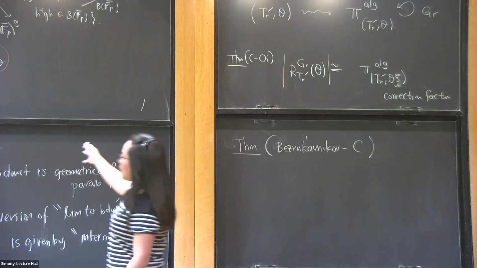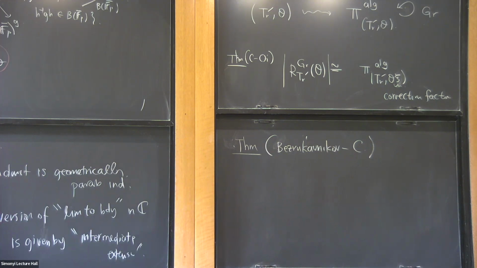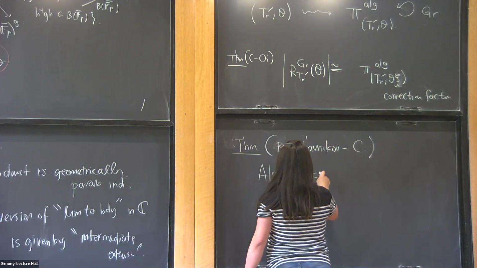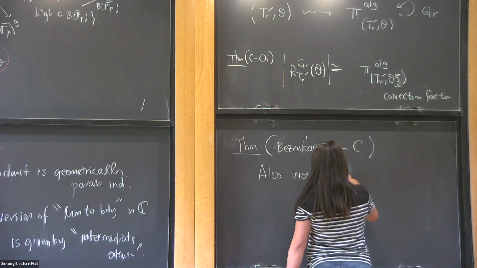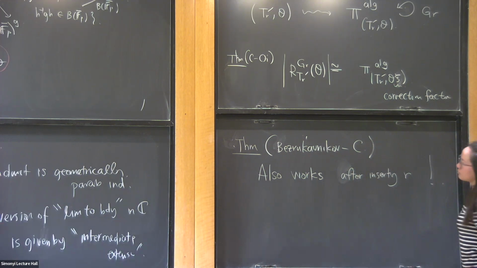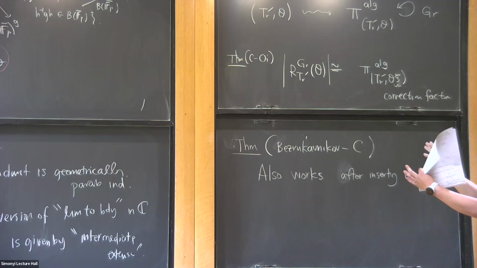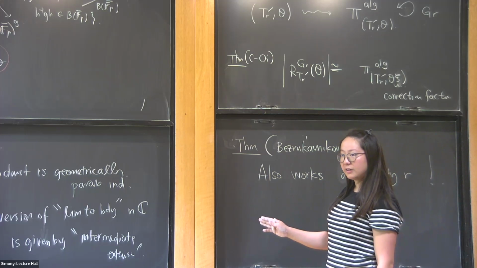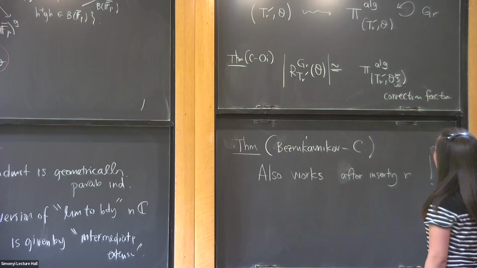All this stuff that I've been talking about over here also works after inserting R. Now, the proofs don't work by just inserting R. The proofs are much more difficult, and they require some refinements of this picture in order to capture the full theta in some sense. However, the statements do work just by inserting R. So the theorems are true just by modifying by R.